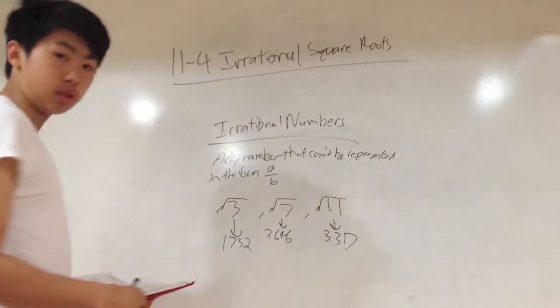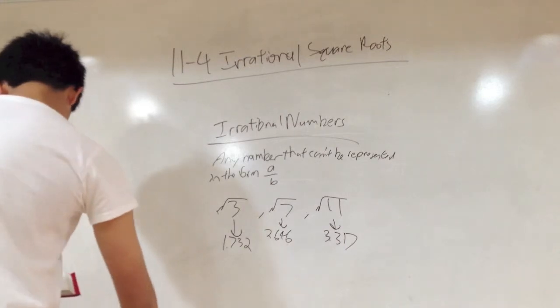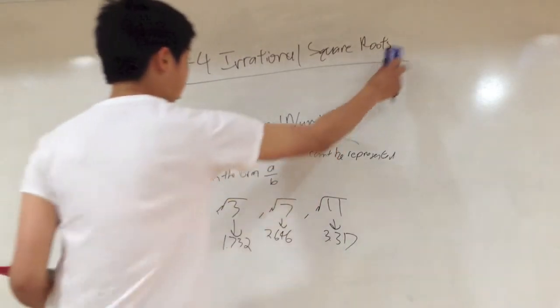And all numbers, whether they're irrational or rational, all have something called the property of completeness.